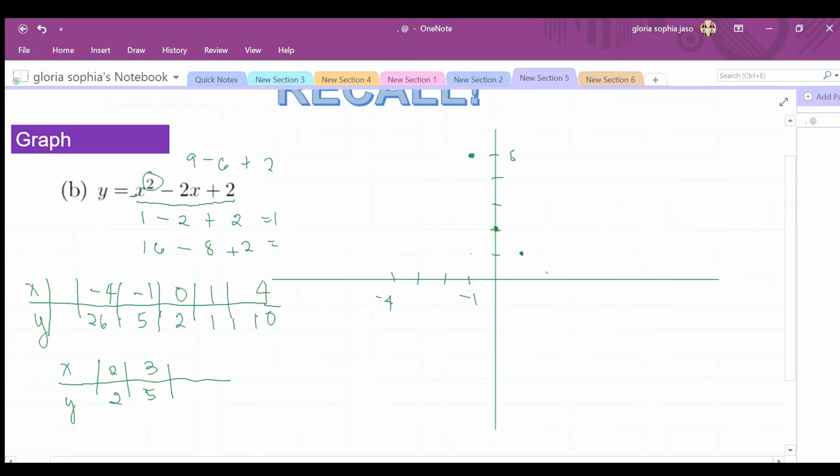So, 2 and 2, and then 3, tapos 5. So, 1, 2, 3. 1, 2, 3, 4, 5. Ayan. So, nakita na natin yung parabola natin. So, it's opening upward. Pag parabola class, pwede nyo ring gawing technique is yung finding yung vertex niya para madali kayong makapag-graph. Or pwede rin namang ganito.